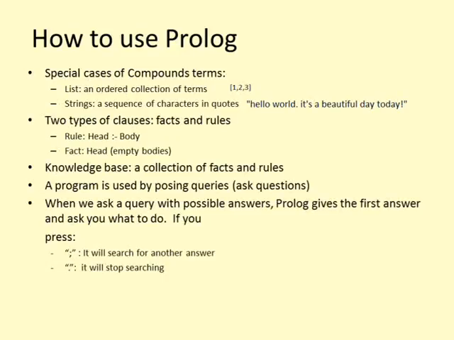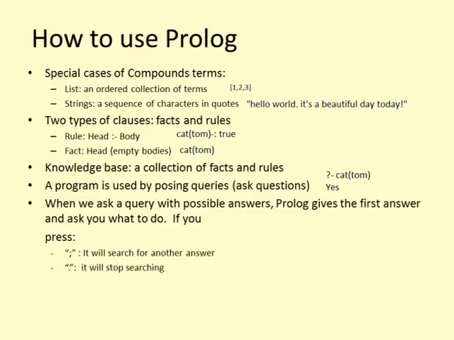An example of a fact is cat(tom), which is the same as the rule cat(tom) :- true. Given this fact, someone can ask, is Tom a cat? By writing ?- cat(tom), the Prolog program will answer yes.